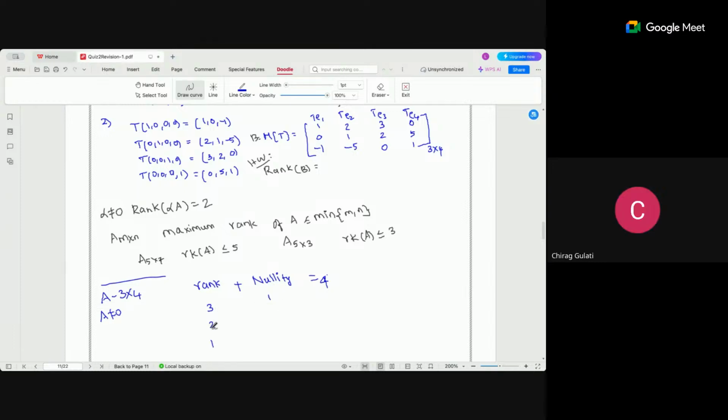If the rank is 2, the nullity is 2. If the rank is 1, the nullity is 3. So you see that the minimum nullity is 1. The nullity cannot be 0 in this case, so the nullity is greater than or equal to 1. So using the rank-nullity theorem, you can say what the maximum rank is, and you can also say what the minimum possible nullity is. Okay, fine.